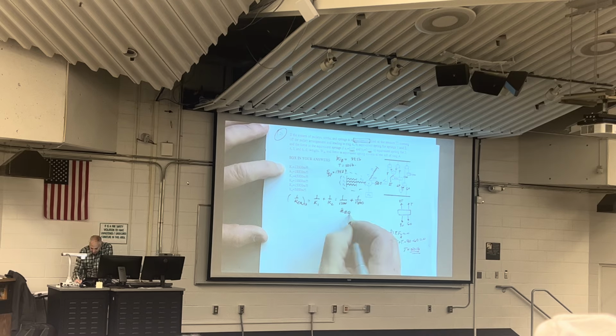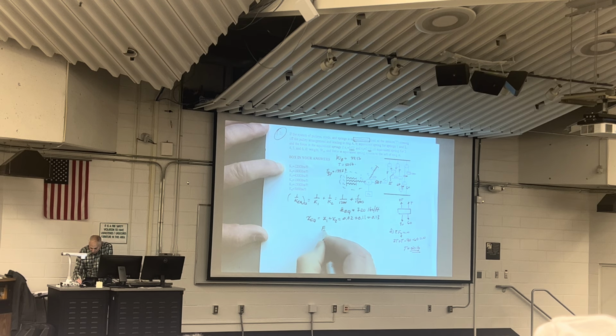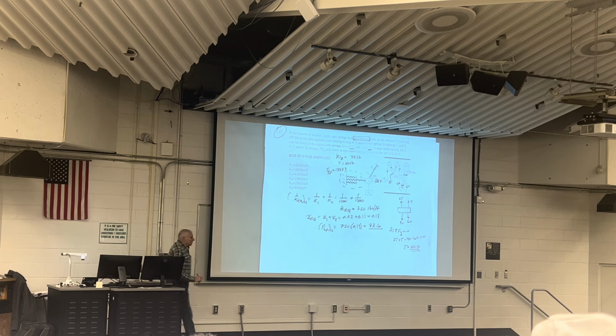K equivalent is equal to 720 pounds per foot. X equivalent is x1 plus x2. That is 0.02 plus 0.11, giving me 0.13. Therefore, the force in spring 1, 2 is 720 times 0.13. That's gonna give me 93.6 pounds.